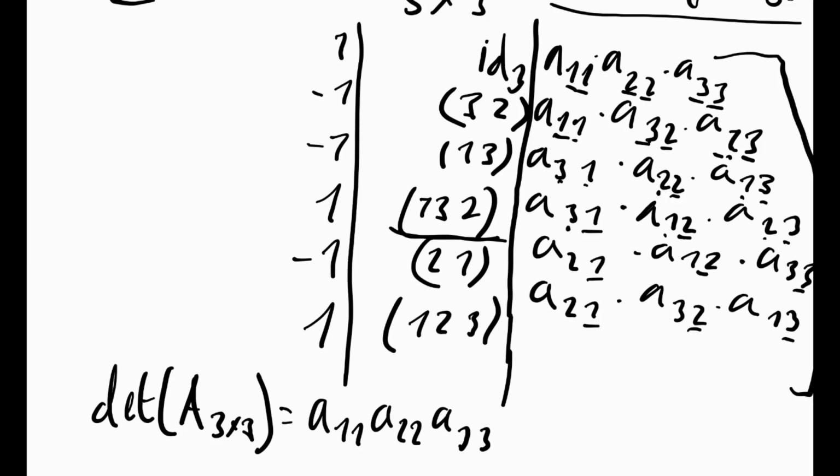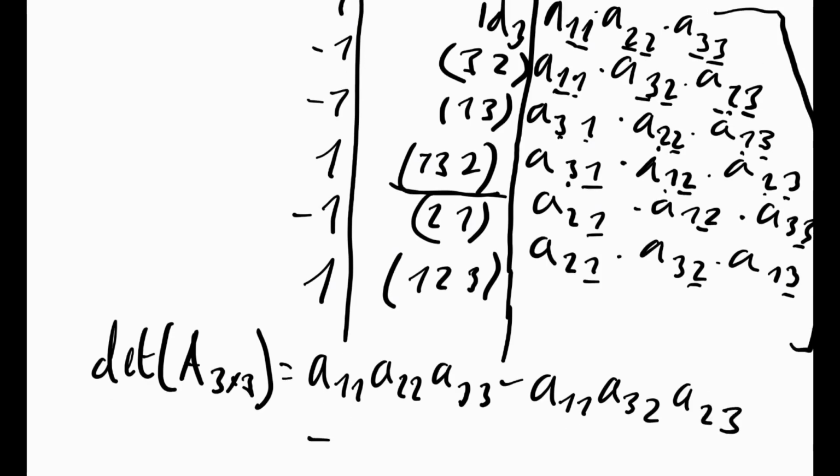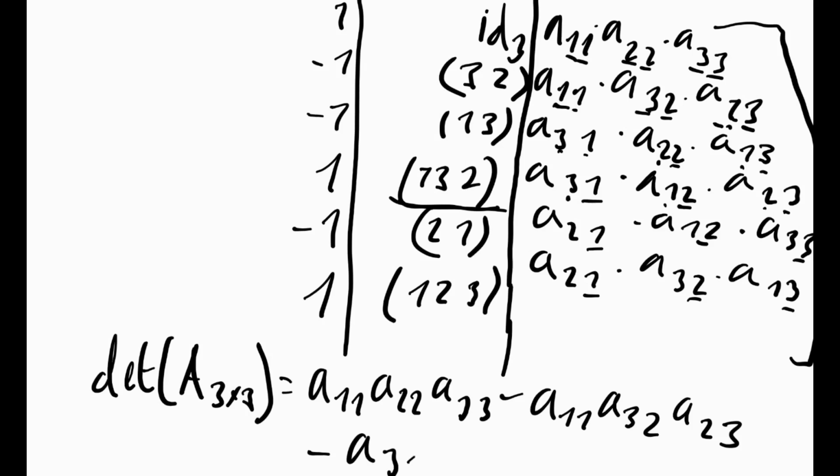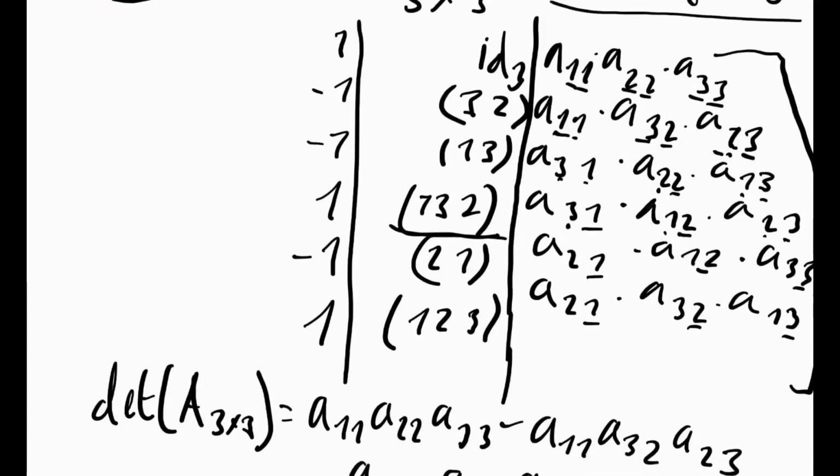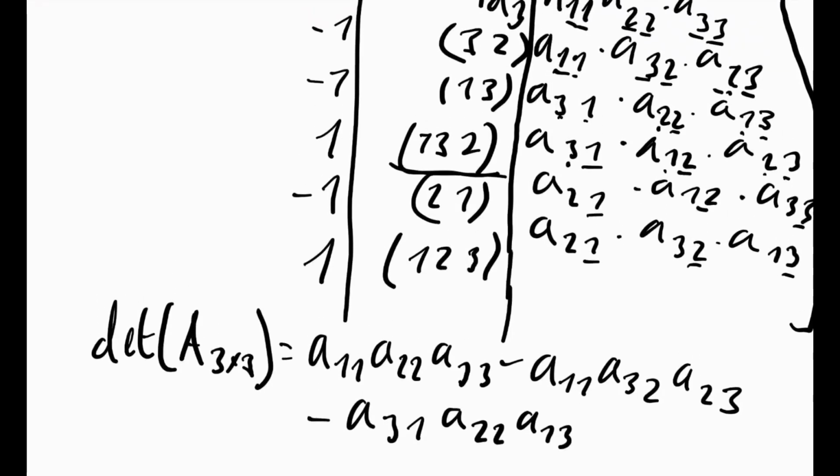The first one we saw, it's the identity permutation, it's an even one, so it's a plus. Then the second one we subtract, the second row. The third one we also subtract. We have minus A31 times A22, A13. The fourth one we add, because it's an even one, we go to plus 1, A31, A12, A23.